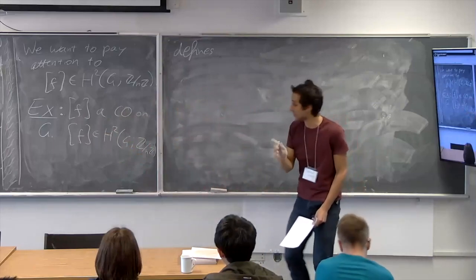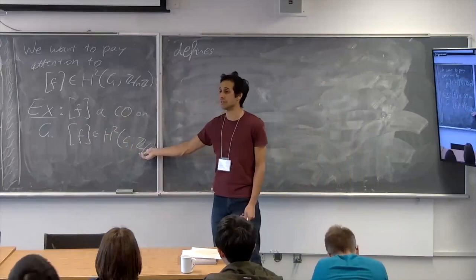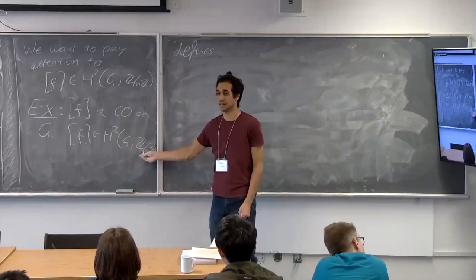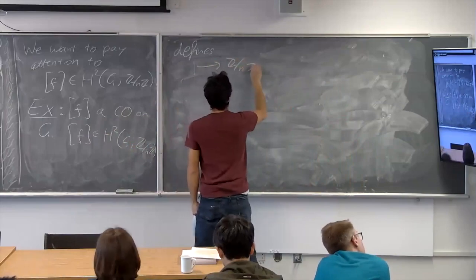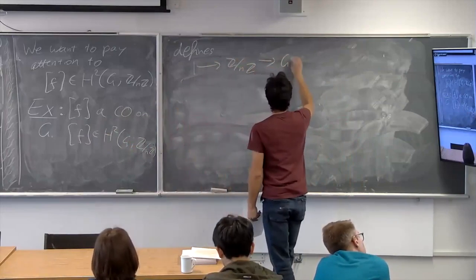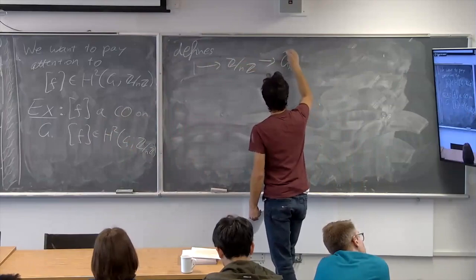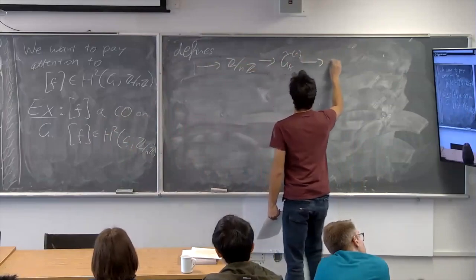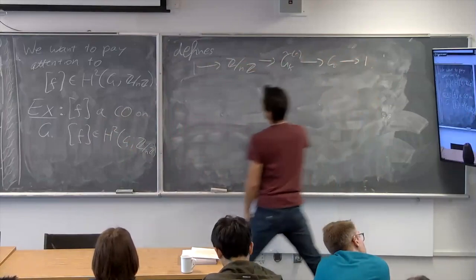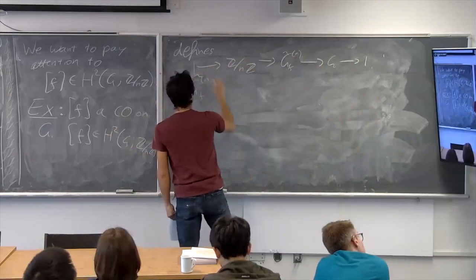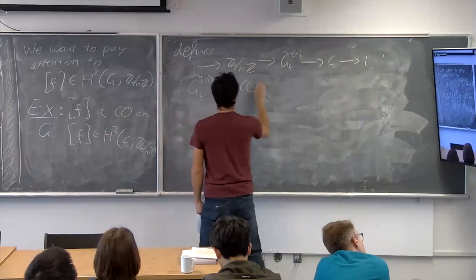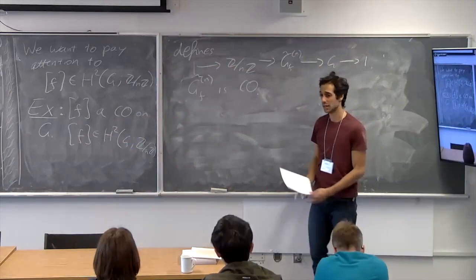When I wrote down that correspondence, I had Z here, but you can do everything where I replace Z with Z mod N. Okay, so this defines a central extension, 1 to Z mod NZ to G F tilde N to G to 1. So the exercise is that G F tilde N is circularly orderable.